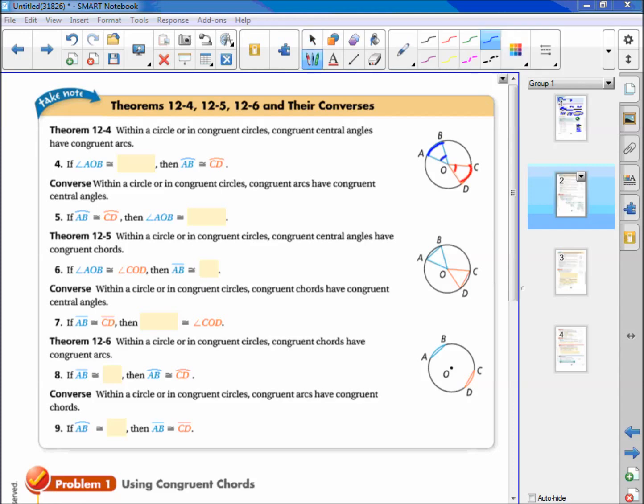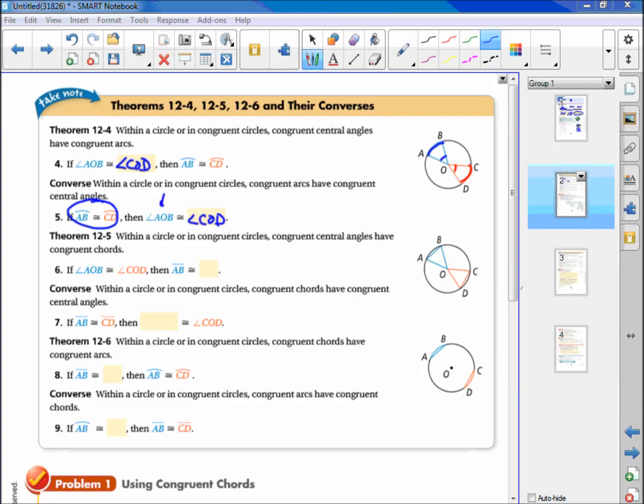All right, so if angle AOB is congruent to angle COD, then arc AB is congruent to arc CD. The arcs will have the same measure too. Now the converse of this is also true. So if the arcs are the same, then the central angles will also be the same.